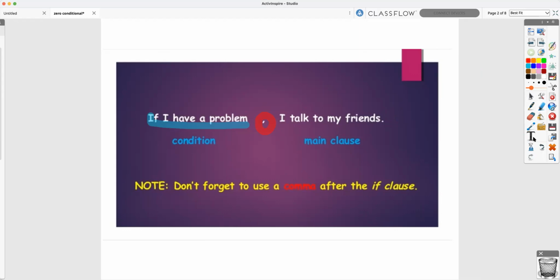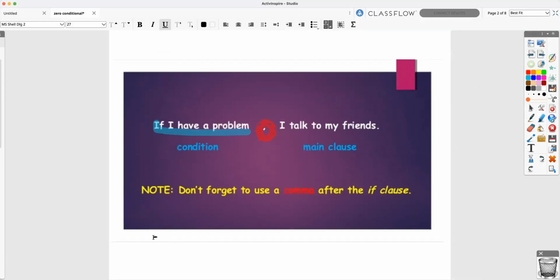But also in English we can use this. Notice about this. Nosotros podemos utilizar los condicionales en este orden como lo hemos visto, but also we can use first the result and then the if clause. How, teacher? For example, I talk to my friends if I have a problem, right?